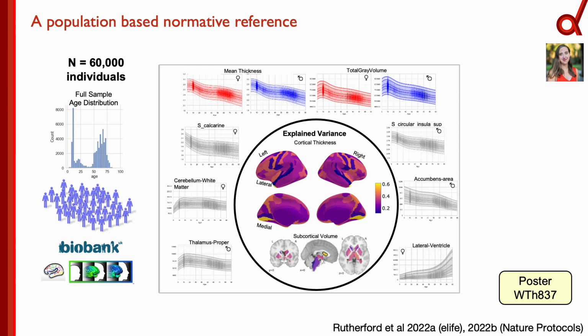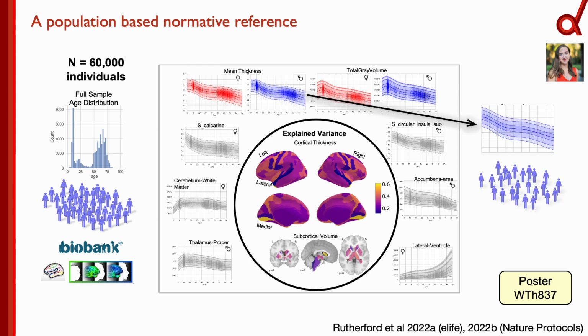And this is really one of the nice features of this approach, that we can use it for data that are not part of the training set, and it's really important. So we can recalibrate the normative model to give us predictions for unseen data. And we think it's really important to do this on unseen held-out data so that we get unbiased estimates of the centiles in the new data cohort.